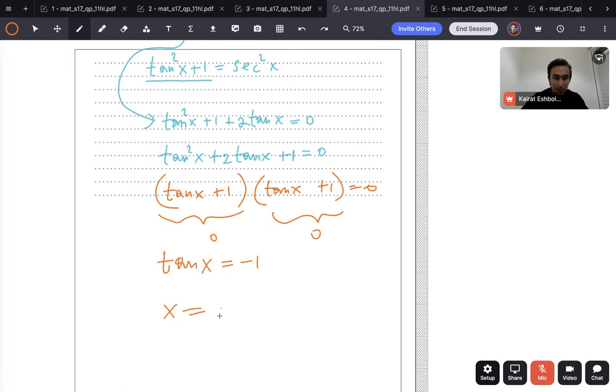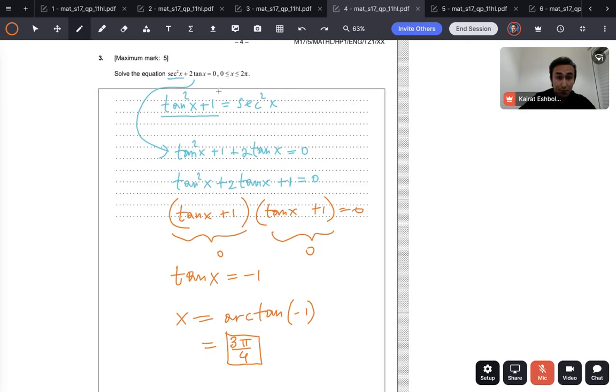So it's going to be arctan of -1, and arctan of -1 is equal to 3 pi over 4. One thing about tangent is when you find the first solution, like 3 pi over 4 here, there's also a second solution, because the question was x is between 0 and 2 pi.